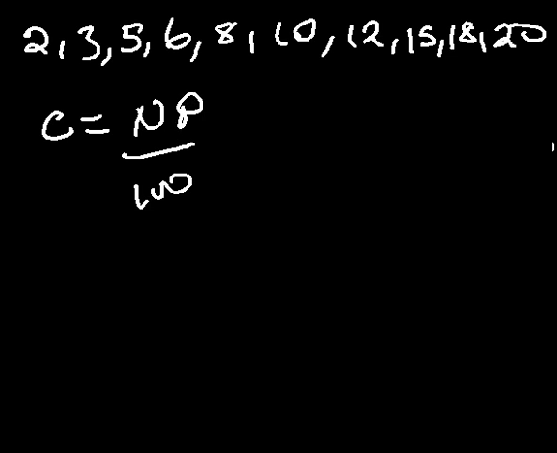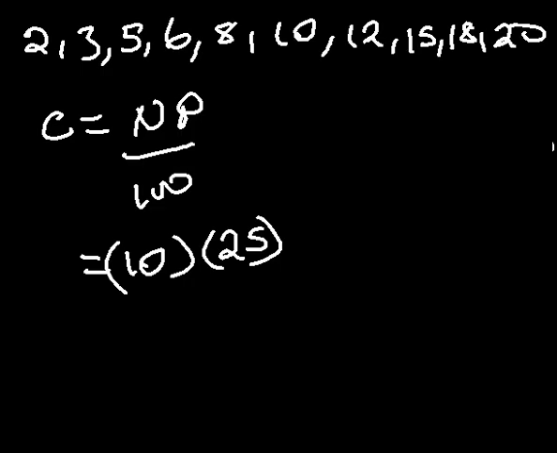Now in that case we are looking for the value corresponding to the 25th percentile. What is that value? So in this case we'll have the number of values, which is 10, times 25, divided by 100.